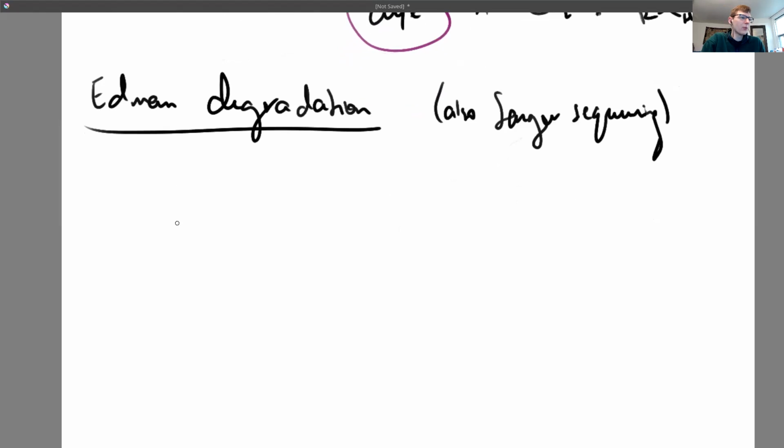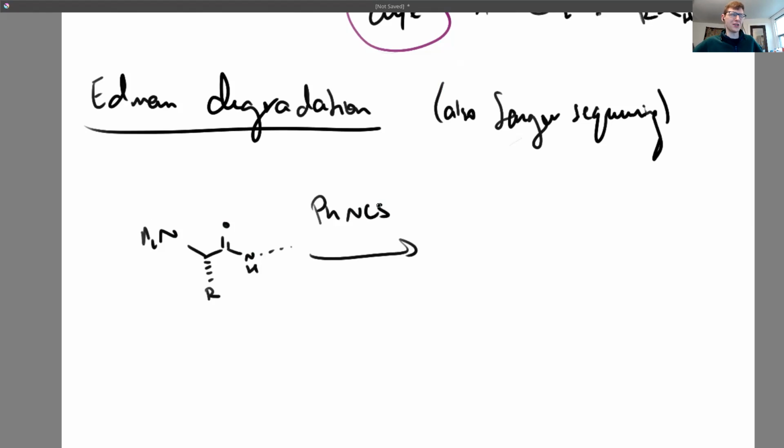So here you have this NH2, and then here you have your R group. It's going the other way because it's pointing down this time. And there's all this other stuff. From here you give it this new reagent, which is phenyl isothiocyanate, PITC. This group is called isothiocyanate.